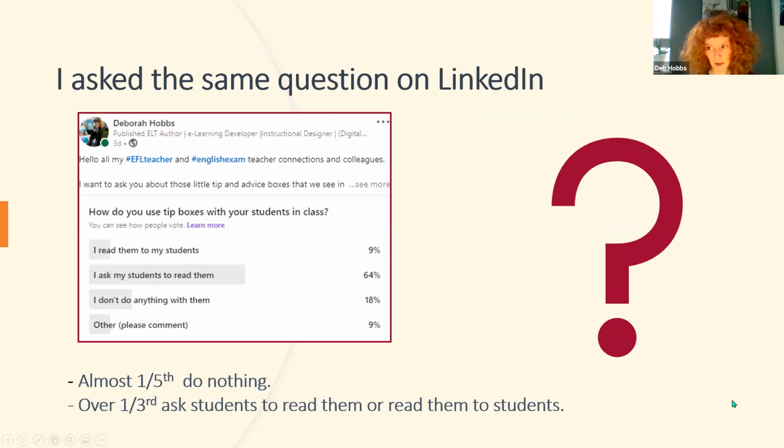Okay, so I did a similar poll on LinkedIn. I asked exactly the same question, and the results, as you can see, were pretty similar. With around 1/5 of those that answered the poll not doing anything with them, and around 1/3 asking students to read them or to read them to their students.